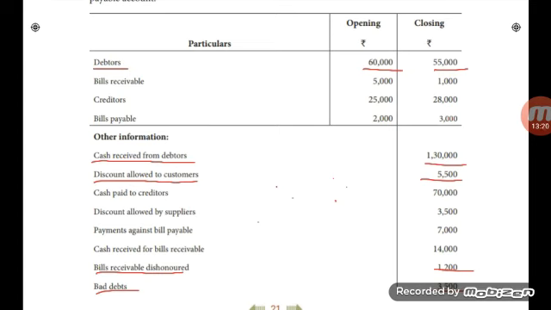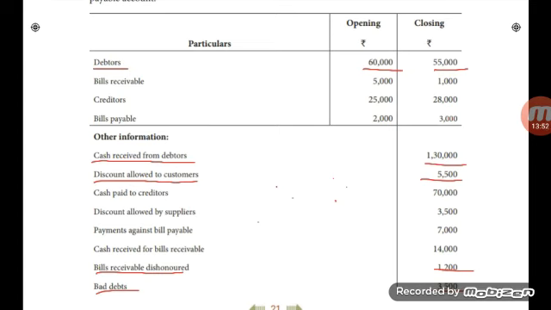Children, let me explain once more. Opening debtors on the debit side as to balance brought down 60,000. Then by cash received 1,30,000. By discount allowed 5,500. By bad debts 3,500. By bills receivable received during the year 11,200. Then closing balance as by balance carried down 55,000.